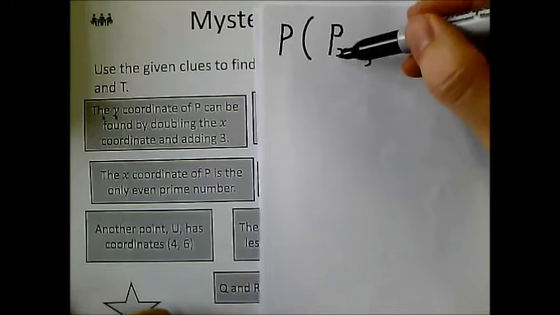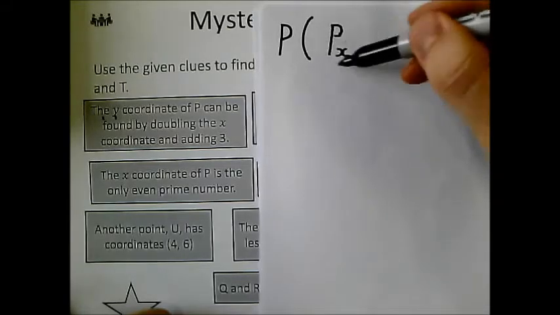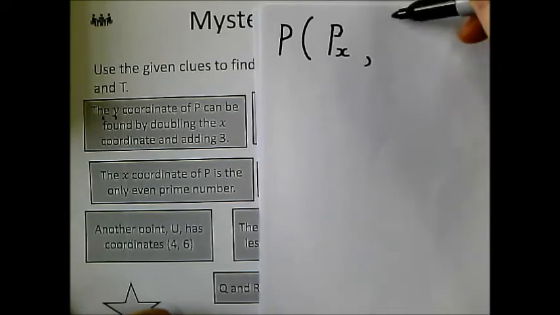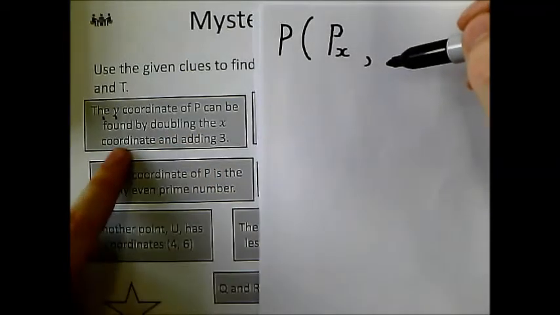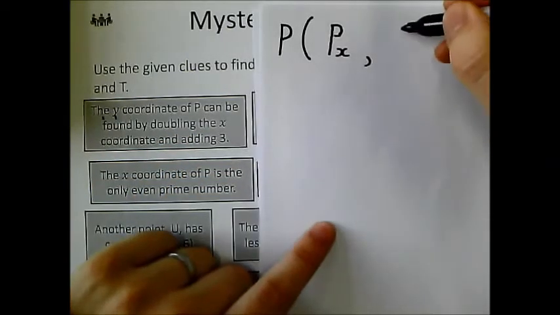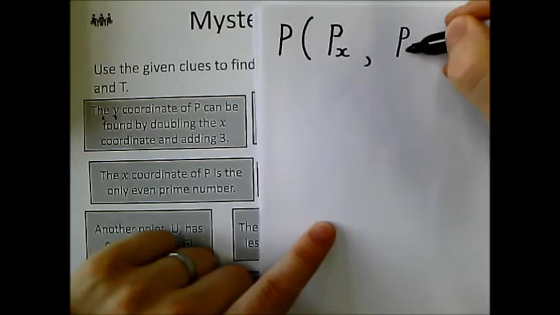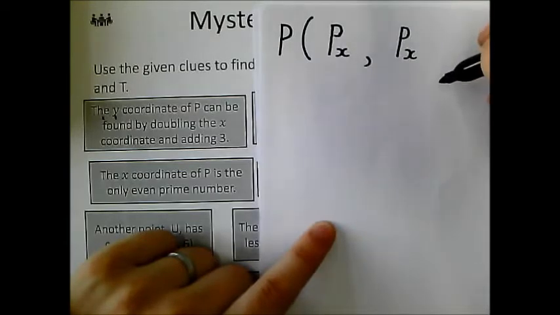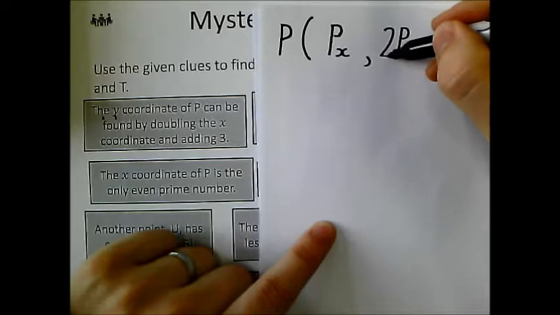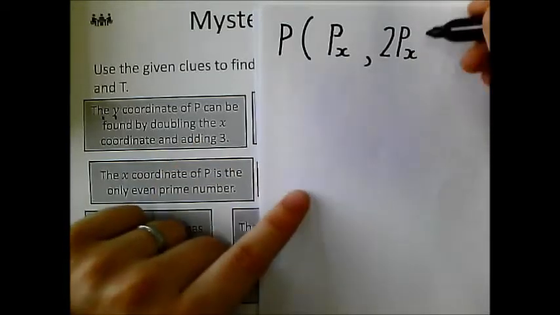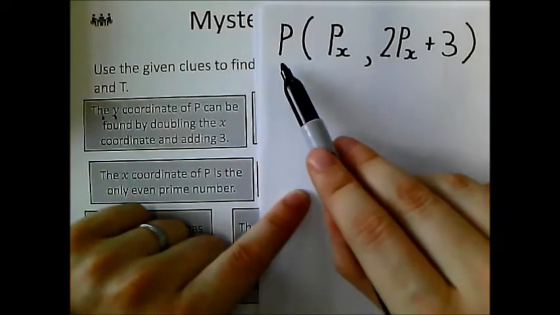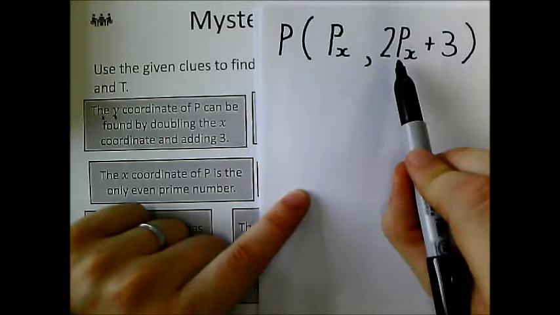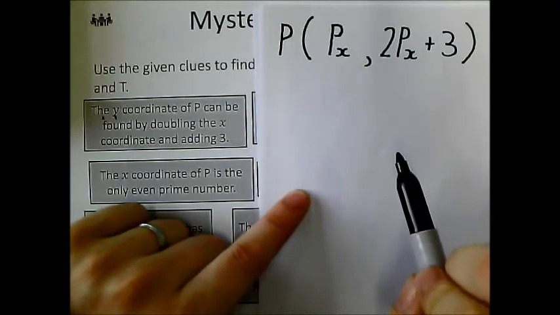There's a link between the x coordinate and the y coordinate: we double the x coordinate and then add 3. So I take my x coordinate, multiply it by 2, so 2 lots of Px, and then add 3. At the moment my P coordinate is Px and 2Px plus 3.